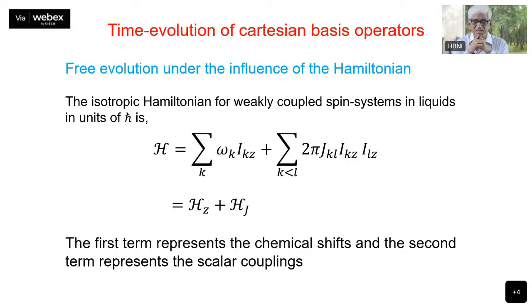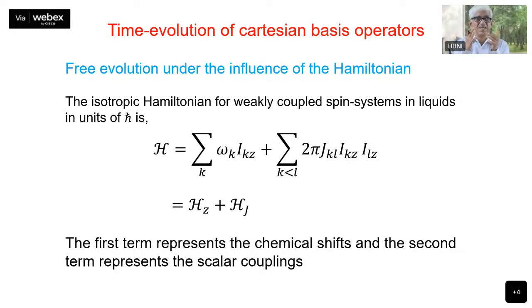If it is free precession, it is simply under the influence of the Hamiltonian, or it can be the pulse. There are two things which happen in a pulse sequence. One is the free evolution, the other one is the application of the pulse. So these are the two perturbations that happen.